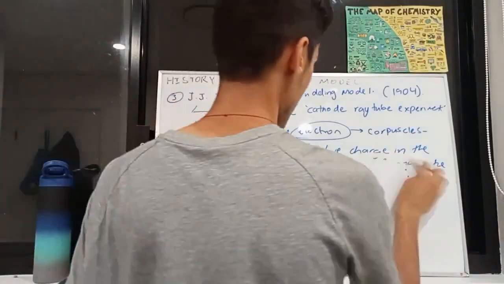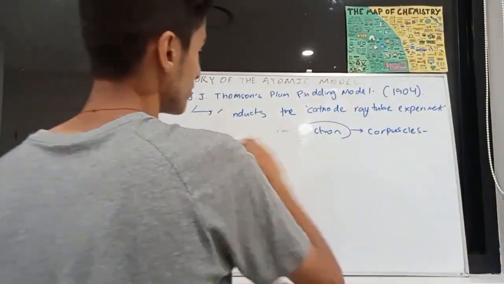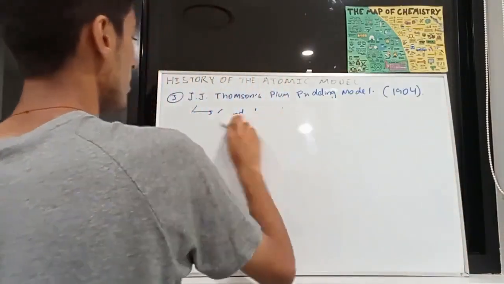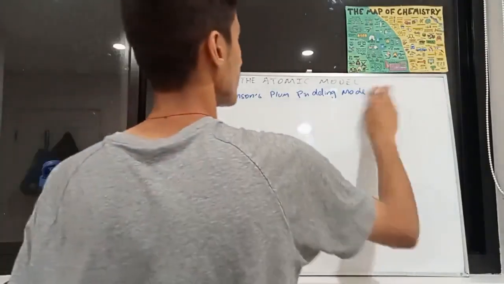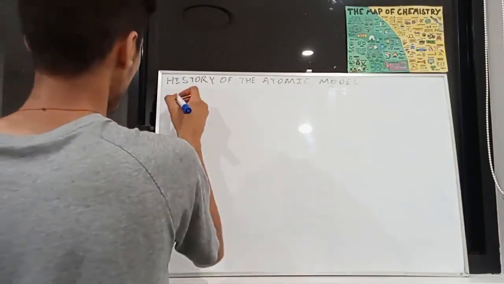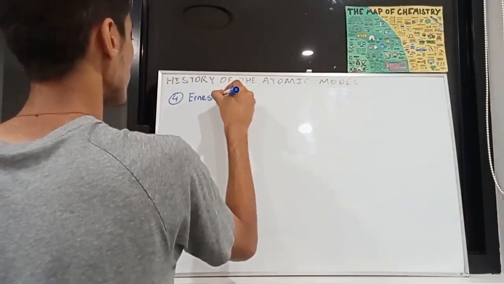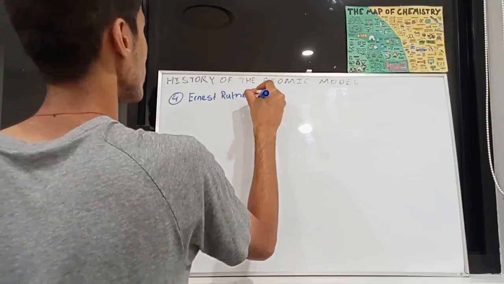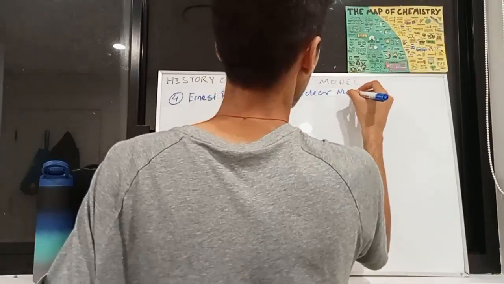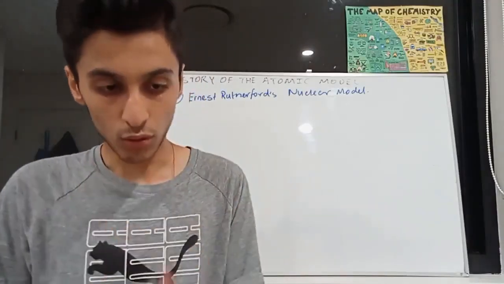So firstly, to understand the nuclear model, Rutherford's model, in much more detail, we're going to look at the gold foil experiment.